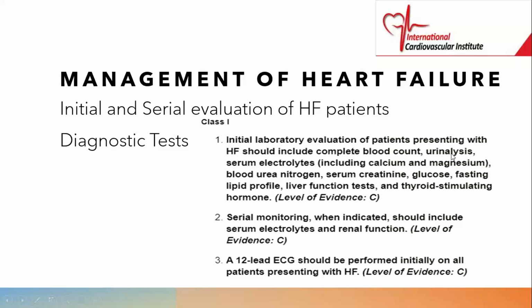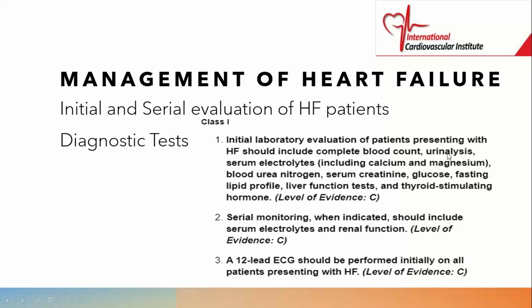You want to do urinalysis. Complete blood count, you want to see, is the patient anemic? Because if the patient has any chronic disease process, they may be anemic, or sometimes the anemia, severe anemia, can give you heart failure. So you want a complete blood count, urinalysis.